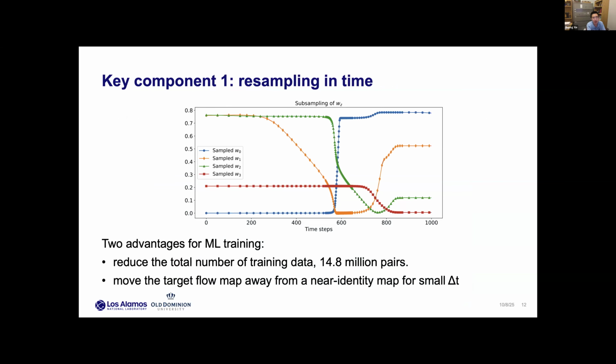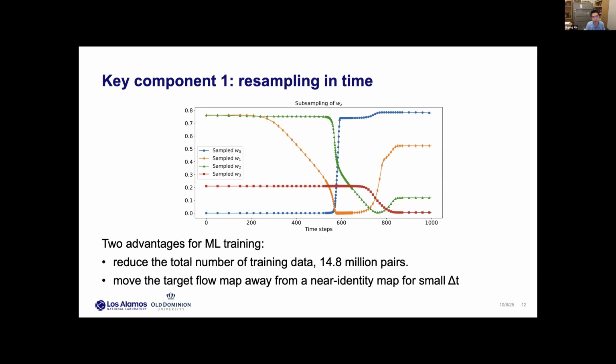And there are several key components in the training. One is that we did a subsampling in the training because there are two advantages to this. One is we want to reduce the total number of training data. Right now, we have 14.8 million pairs of training data for one species, and we're currently collecting multiple species, which will give a larger data set than this.